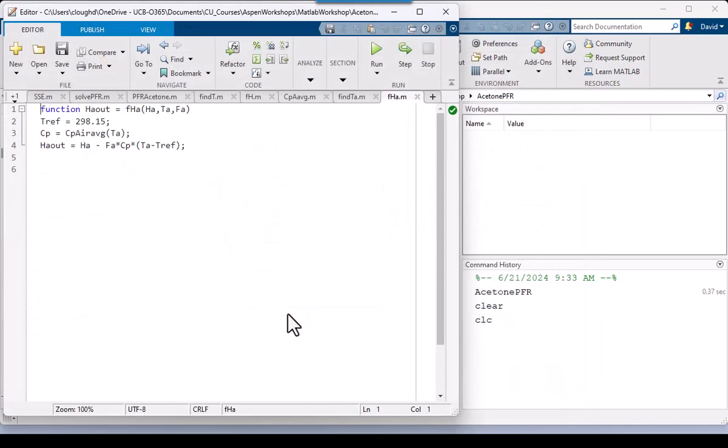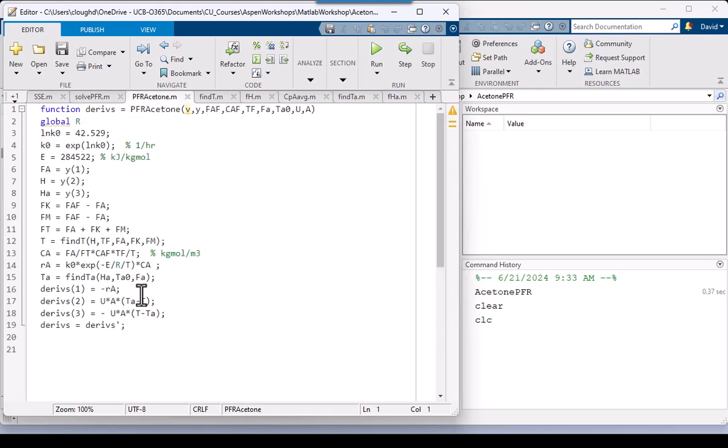And this is a similar type of thing where we are comparing the current enthalpy of the air to that calculated by using the current estimate of the temperature. And our modified secant method will work until these two equal each other, and then we have determined the temperature of the air.